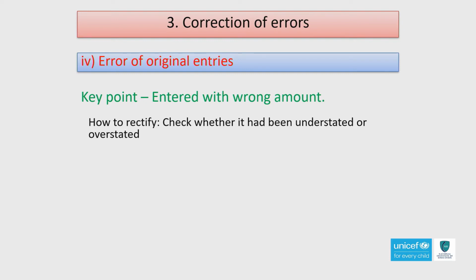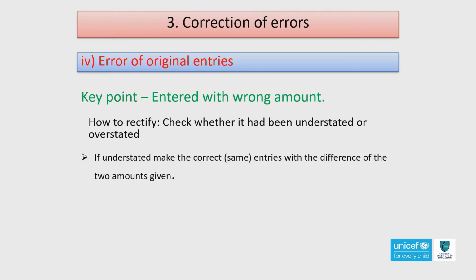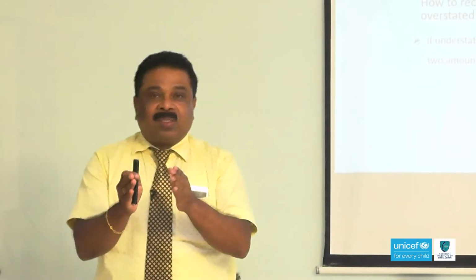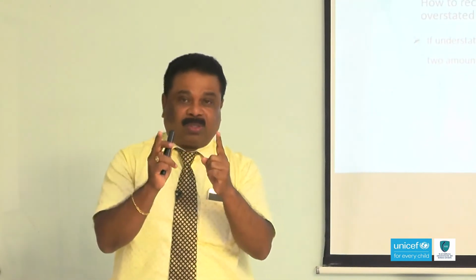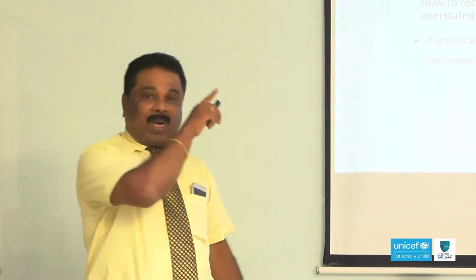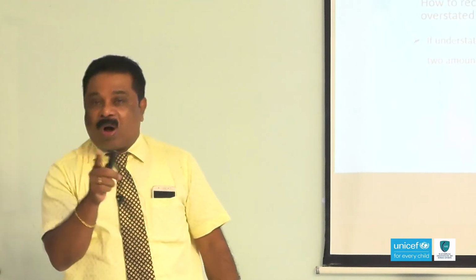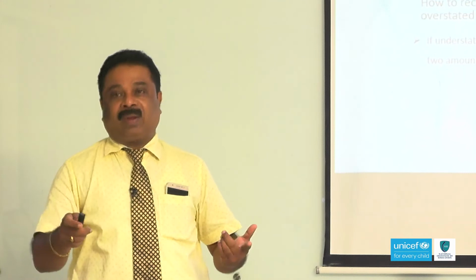So if it is understated, make the same entries with the difference of the two amounts. Keep in mind, in the previous error of reversal, there will be double the amount. But here, the difference of the two amounts. Don't go and double it.